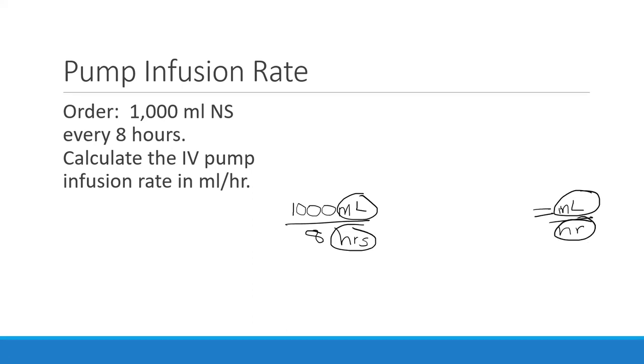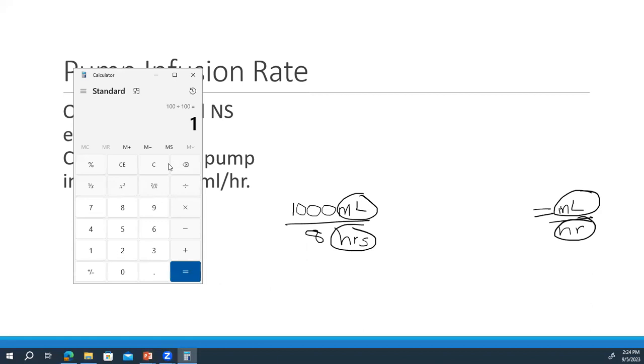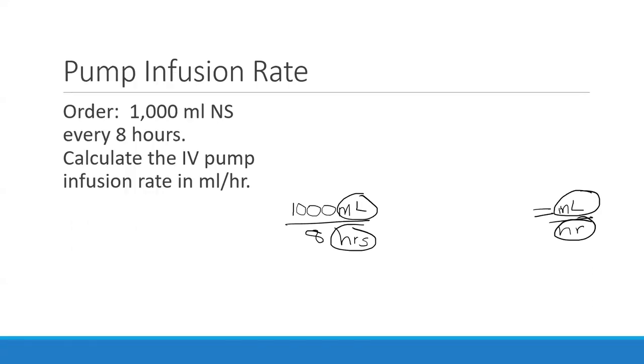Do I need to do anything else with the variable? No, because I matched the man in the mirror. Now the next thing is my math. 1,000 divided by 8 gives us 125 mLs per hour. So every hour, the patient is receiving 125 mLs.